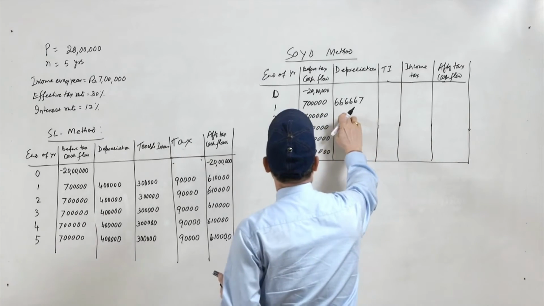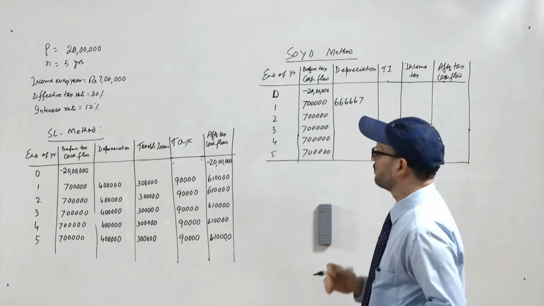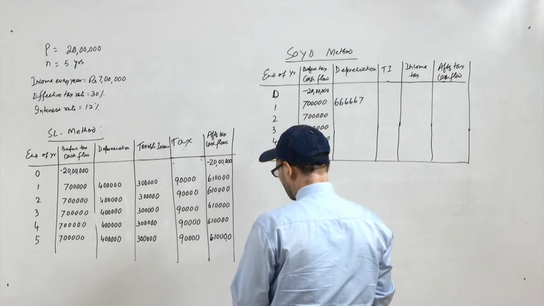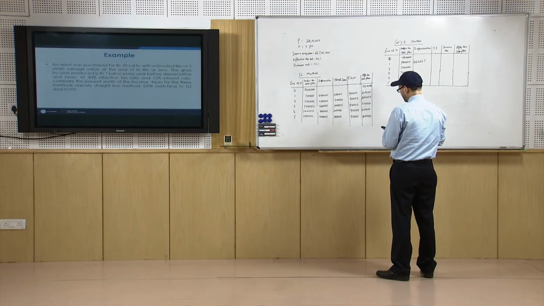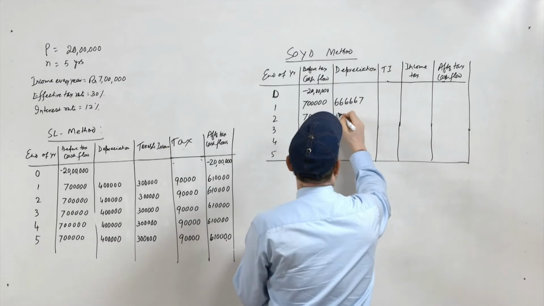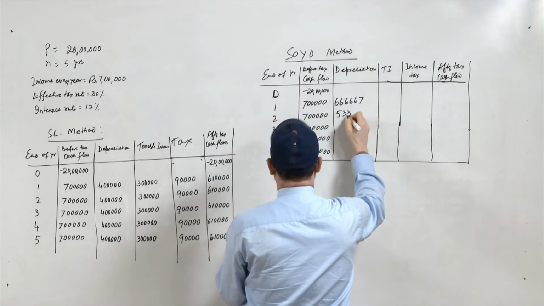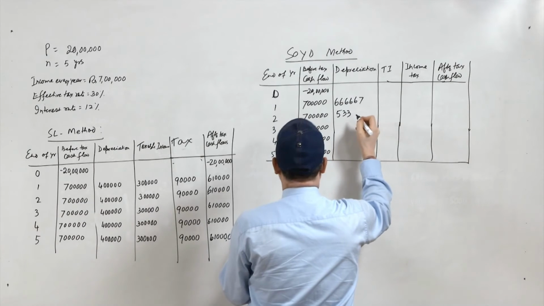Then next it will be 4 by 15 into 20 lakhs, so 80 lakhs divided by 15, which is 5,33,333.